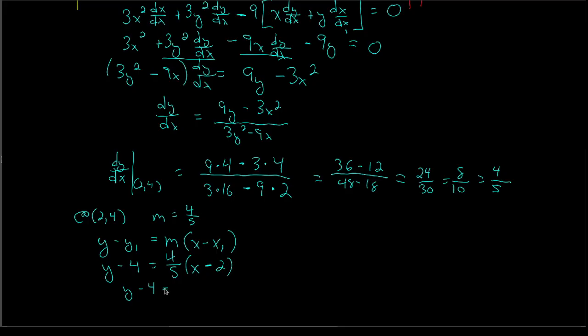Y minus 4 equals 4/5 x minus 8/10. And then I'll continue to solve. Y equals 4/5 x.